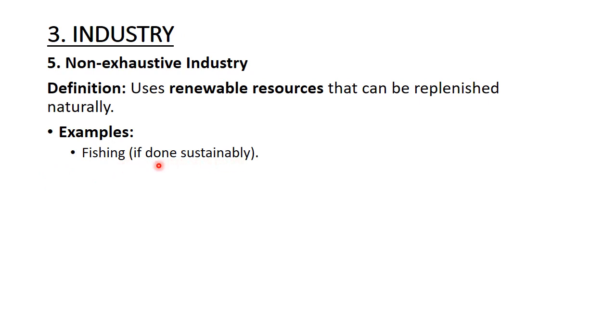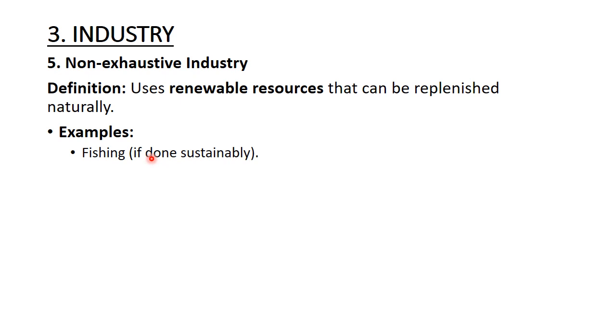So what this means is, as you get the fish, they can only be replaced if you allow the fish to mate and give birth to more fish. So you have to control it. Okay, so it's extractive industry, but the type, it's extractive and it's non-exhaustive industry. It's both extractive and non-exhaustive.